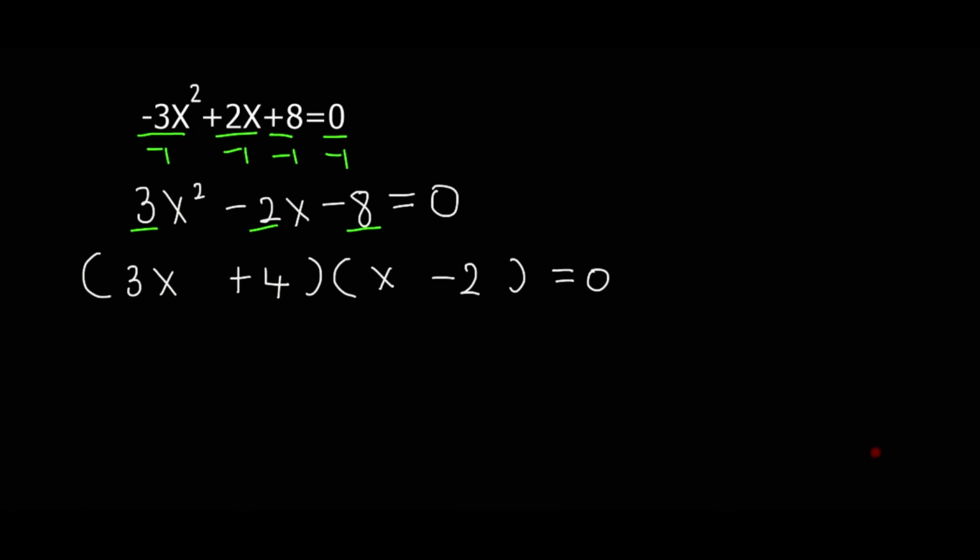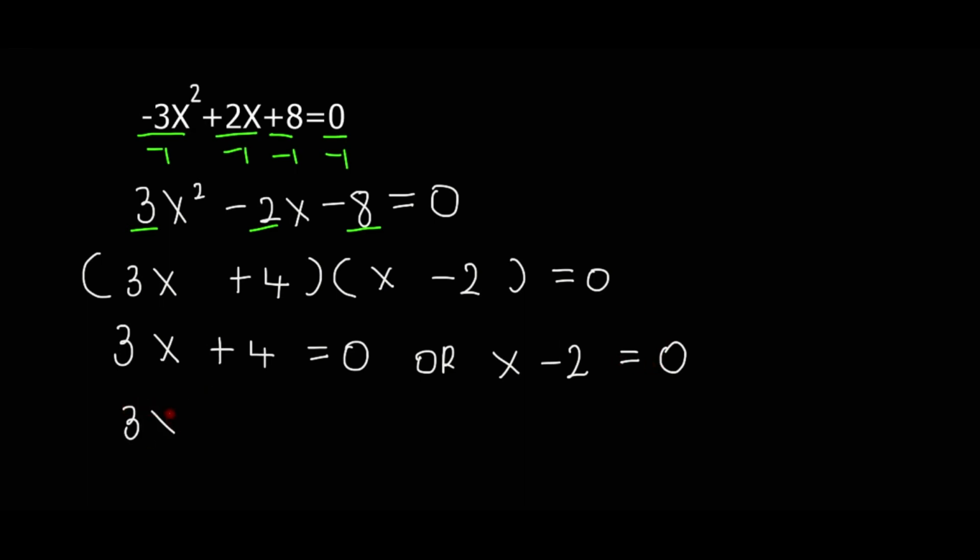And then from here I do the same thing. We set each bracket to 0. And then because we want x, we will have 3x is equals to -4 or x equals to 2.